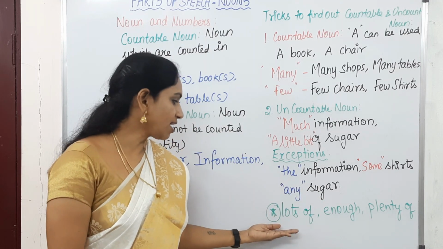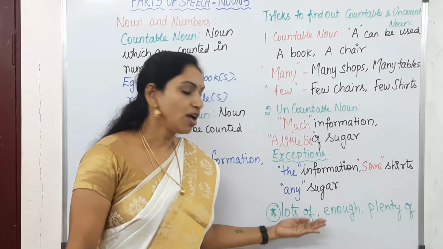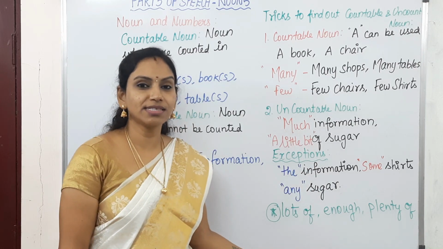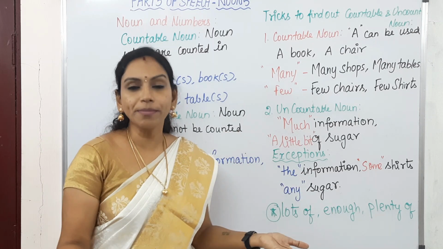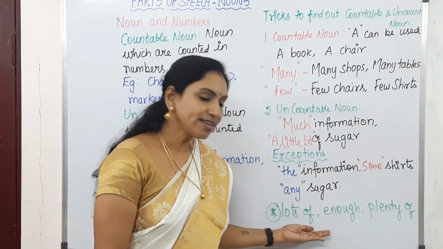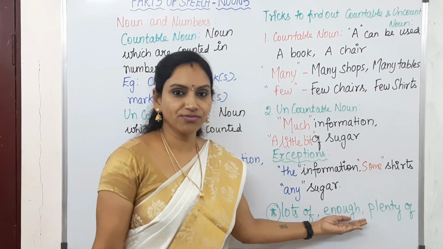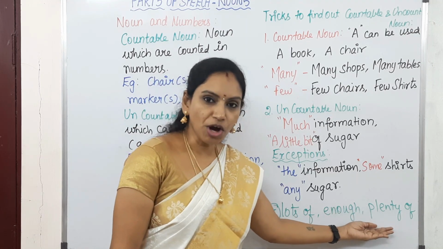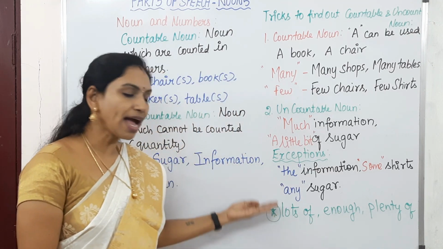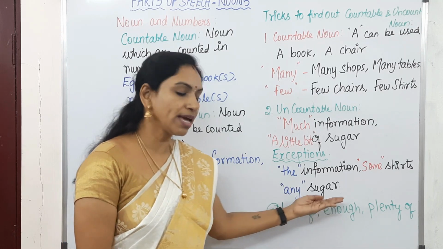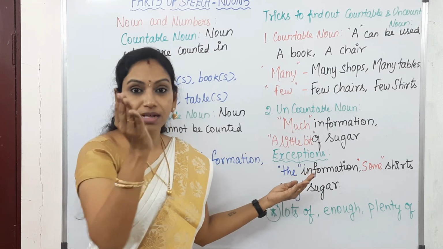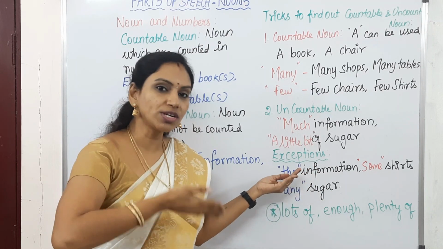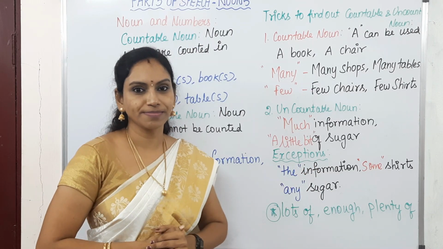Or, if I have lots of fun, as I said, lots of enjoyment. For that, lots of. Then, enough, plenty of. All these come under uncountable nouns. These words also they may give you for identifying the sentence with countable or uncountable nouns.